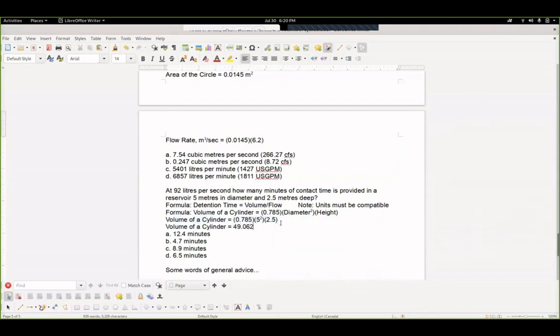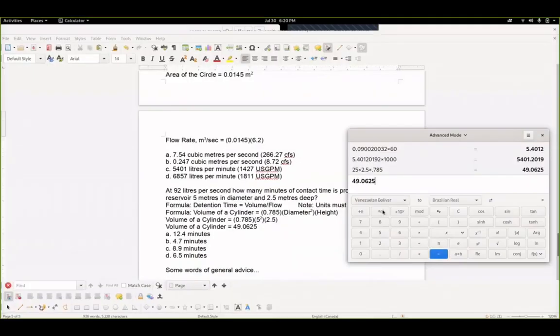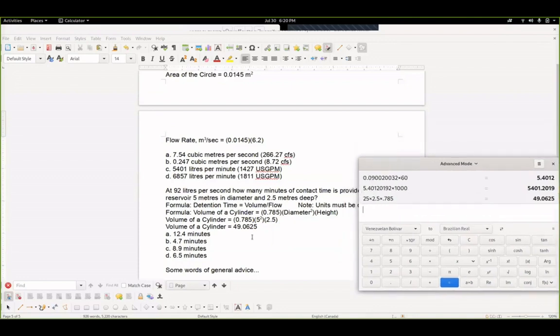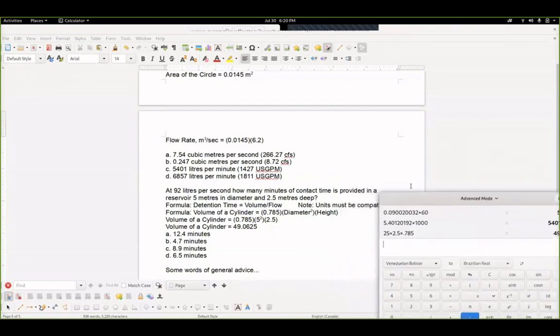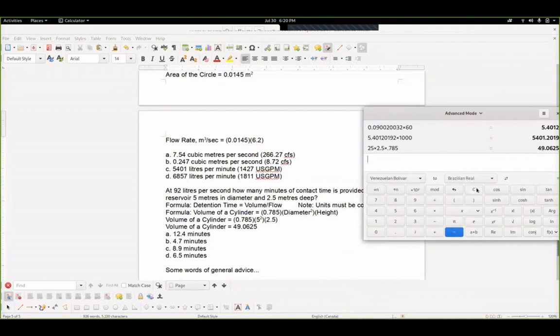And we also know that we need to use the formula for detention time, which is the volume divided by the flow. So we have the volume in meters cubed, and the flow is in liters per second. So remember that every 1,000 liters is equal to 1 meter cubed. So we want to divide this by 1,000.